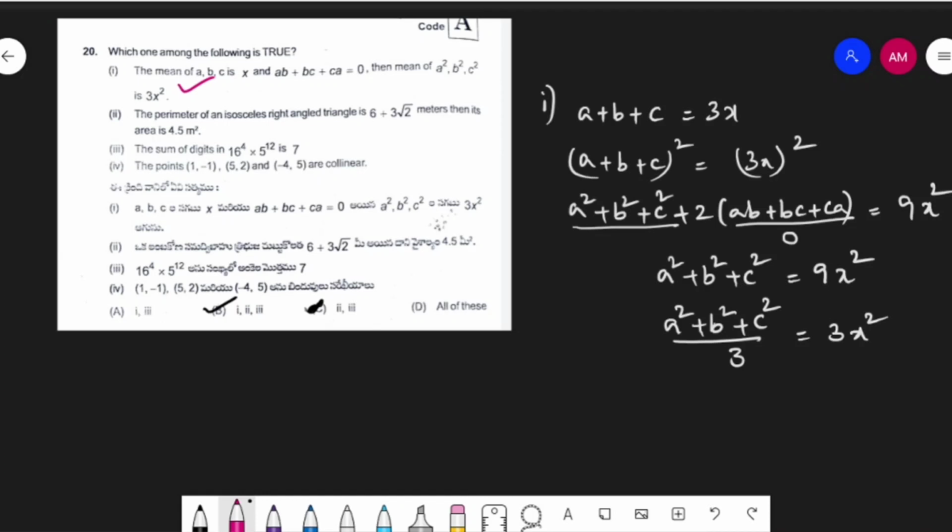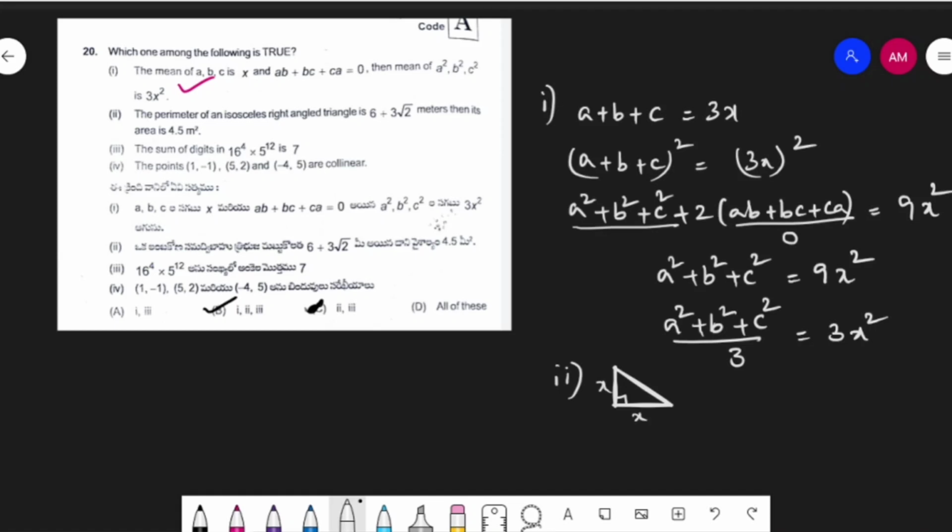So we have A, B. Out of A, B, we have to check which one is correct. Next, the perimeter of an isosceles right angle triangle is 6 plus 3 root 2 meters. Then its area is 4.5 meters square. We have to check that. So the second one, perimeter of an isosceles right angle triangle. So let us consider one right angled triangle. This is an isosceles right angle triangle, and what will be the hypotenuse?